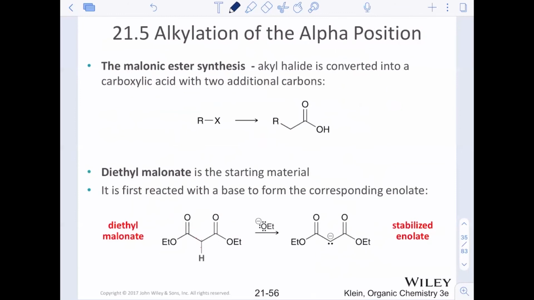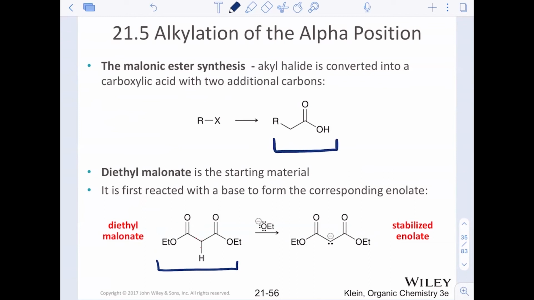A malonic ester synthesis is a specific step of alkylation reactions when you start with diethylmalonate, and it's a great way to convert to a carboxylic acid. So the malonic ester synthesis takes diethylmalonate, this beautiful molecule right here, and at the end of the day, it likes to add on carbon groups and to make carboxylic acids.